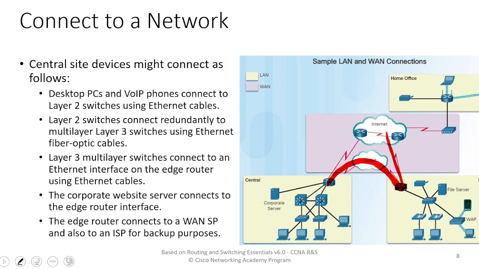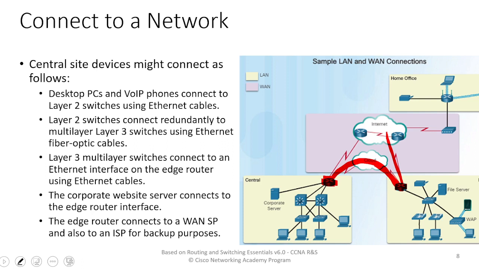Then when we think about that head office scenario, there we may have even more complex network setups. For example, we could have fiber optic cables providing the Ethernet backbone.